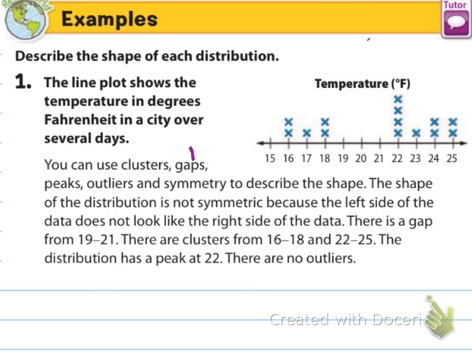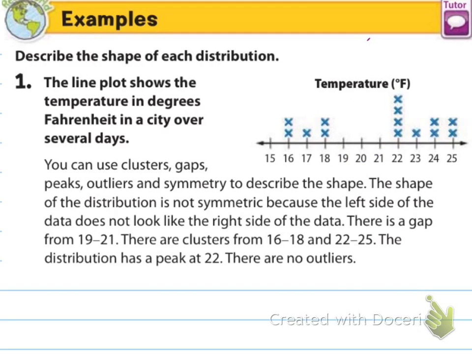All right. Now, it says describe the shape of each distribution. The line plot shows the temperature in degrees Fahrenheit in a city over several days. And so using the terms that we've learned, we can say that there's a gap between 18 degrees and 22 degrees, meaning that there's no days where we had 19, 20, or 21 degrees Fahrenheit as our temperature.